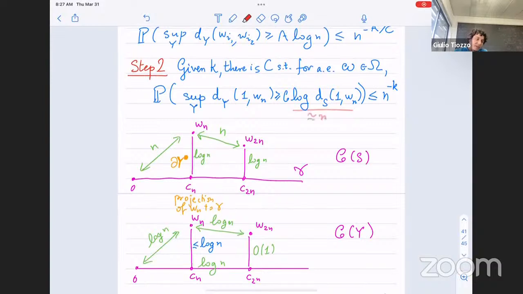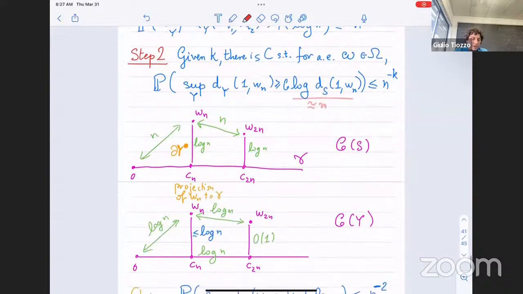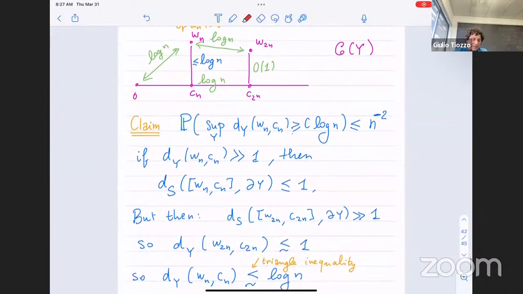This is basically its log. So we are getting closer to proving that this path indeed lies in this logarithmically bounded cloud.